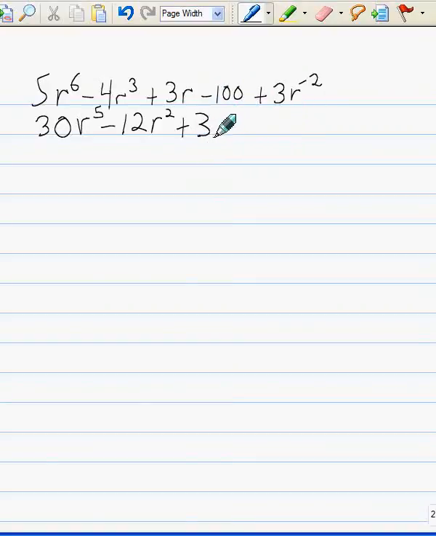Plus 3r to the minus 2. Well, that's plus. Minus 2 times 3 is minus 6. R to the minus 2, we subtract 1 from the exponent. R to the minus 3.